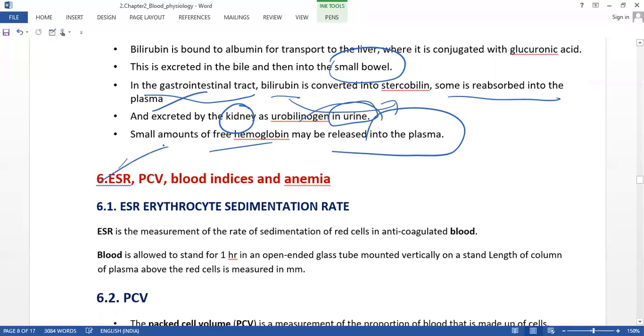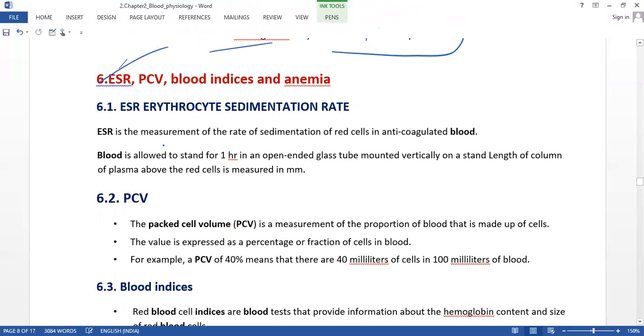And also the concepts we have are ESR, PCV, blood indices, and anemia. So ESR, let us know this concept first. ESR is the measurement of the rate of sedimentation of the red cells in anticoagulated blood.